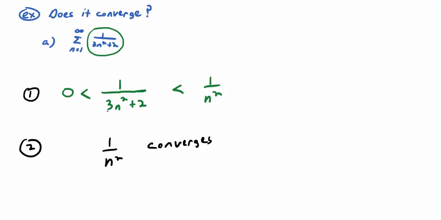So what do we need? The first step is all about the inequality, getting the inequality right and getting the sequence we're comparing the given sequence to right. The second part is making a conclusion about the sum involving the sequence you derived from the given sequence.